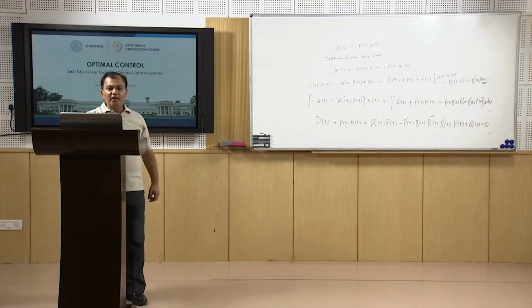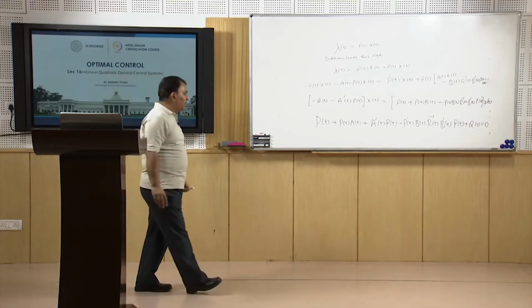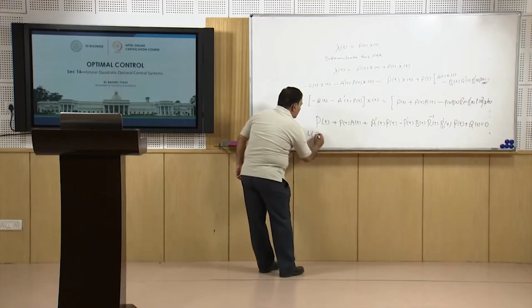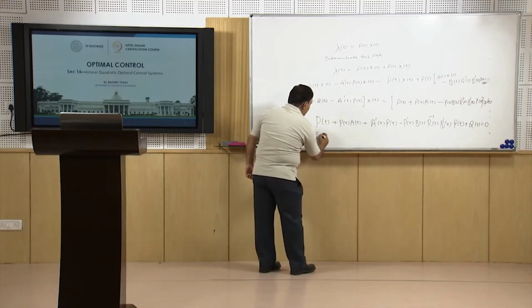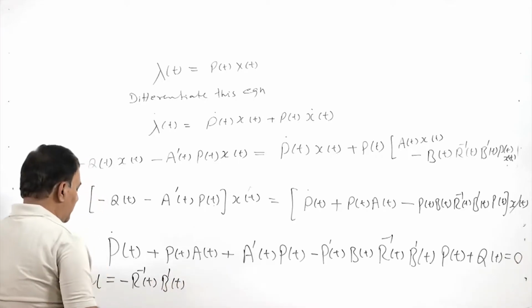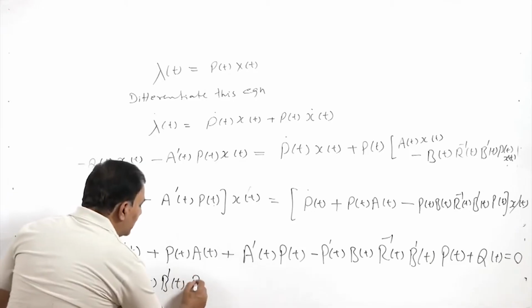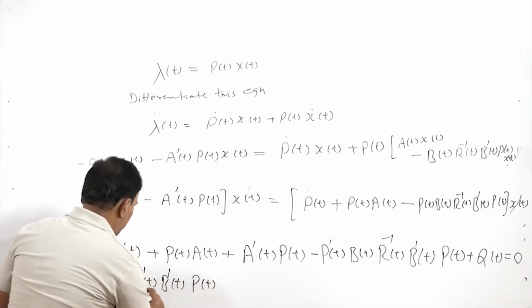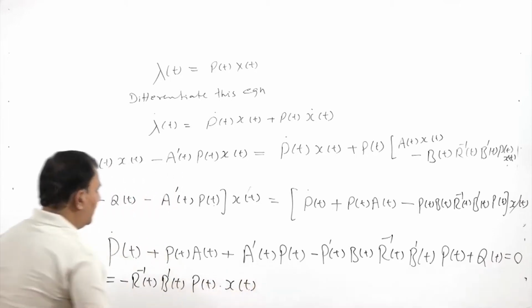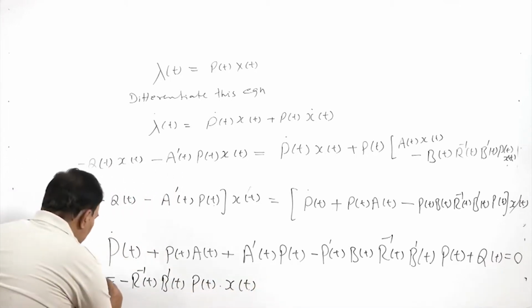Once I know the Pt, then directly I can write my u, which is nothing but minus R inverse B transpose, now it is Pt, into x of t.